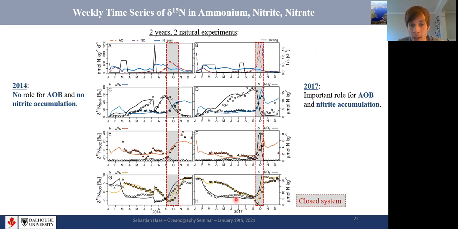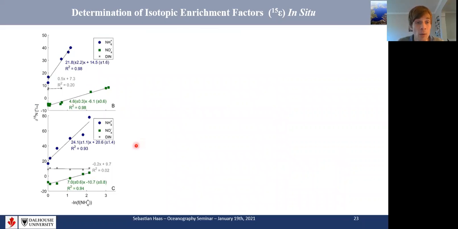And this allows us to define these as a closed system, which in turn allows us to apply these closed system Rayleigh models, which we see here.